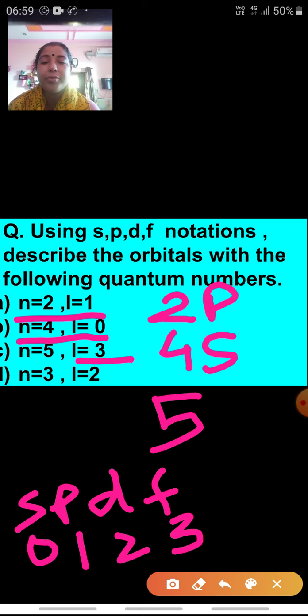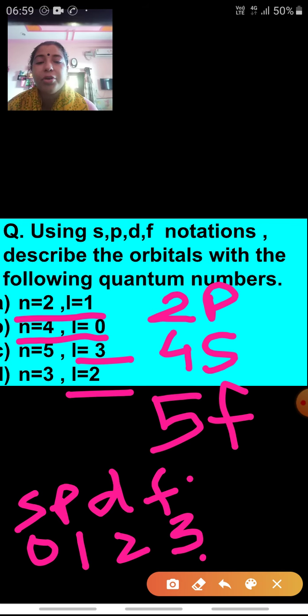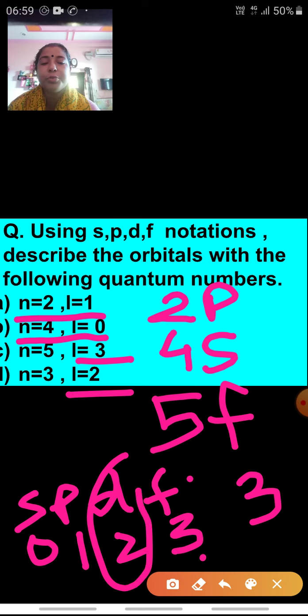So L is 3, that means it will be f. So the answer is 5f. The fourth one will be 3 and 2, and 2 corresponds to d. So it will be 3d. So the answer is 2p, 4s, 5f and 3d.